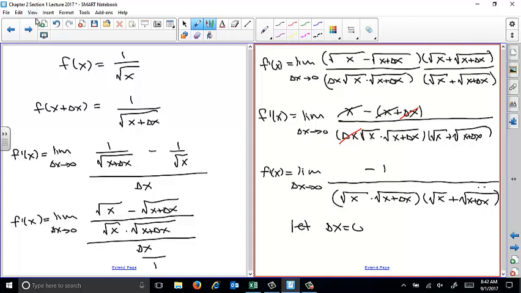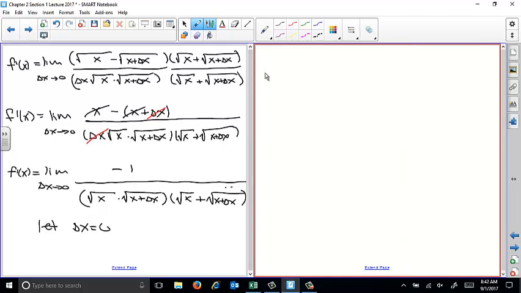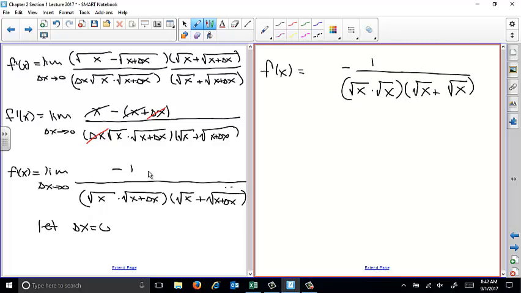And what that leaves is f prime of x equals negative 1 over the square root of x times the square root of x times the square root of x plus the square root of x. Okay, so this goes to 0, this goes to 0.